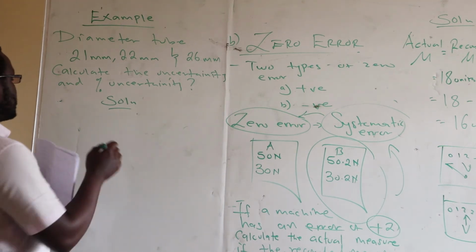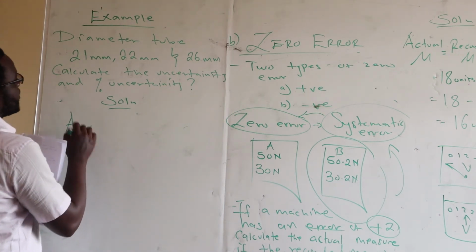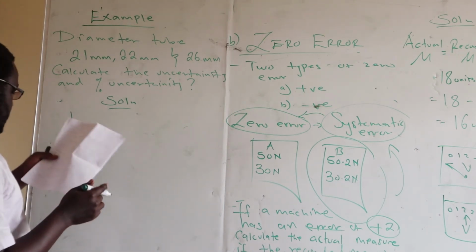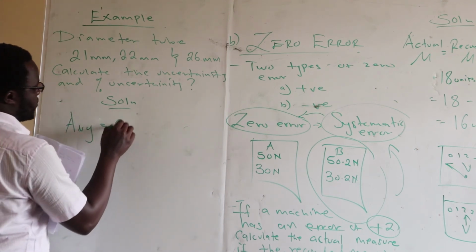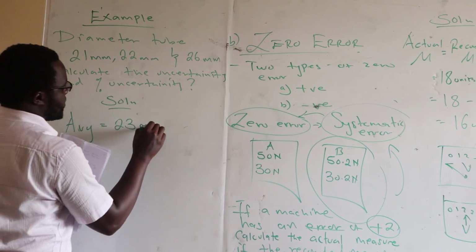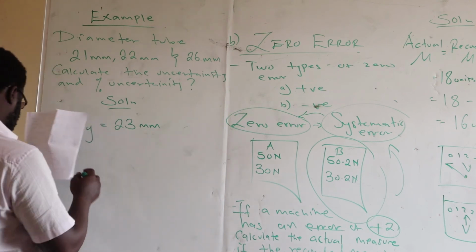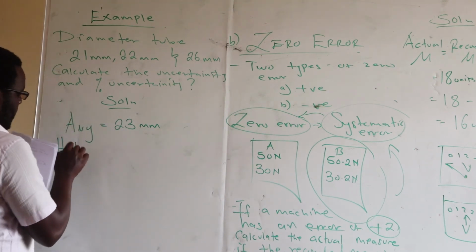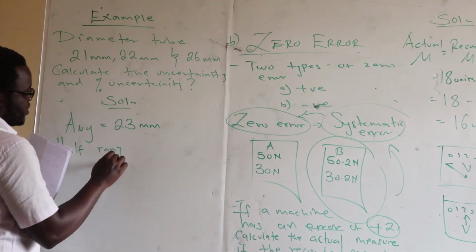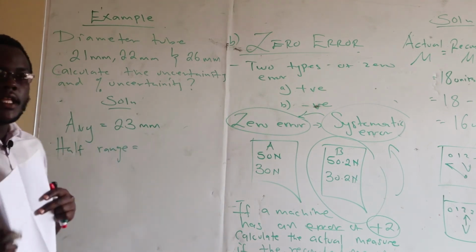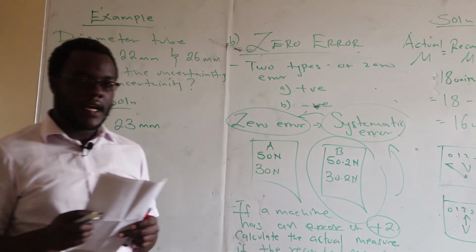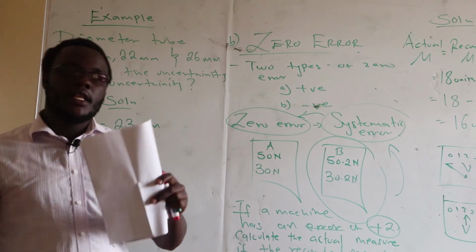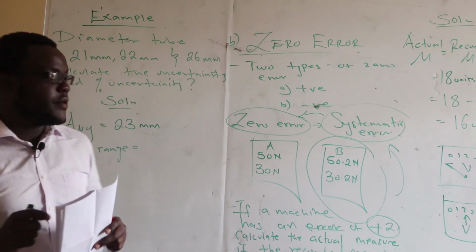So in the solution, we first look for the average of the values 21, 22, and 26. The average becomes 23 millimeters. Next, we look for the half of the range. Remember that the range in mathematics is defined as the difference between the highest value and the lowest value.